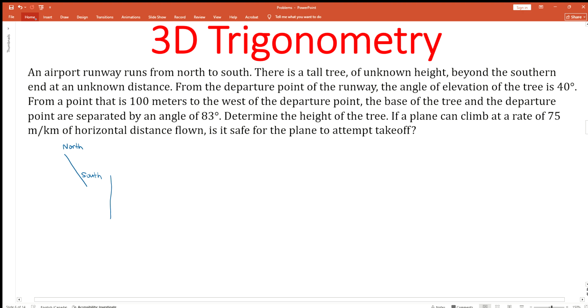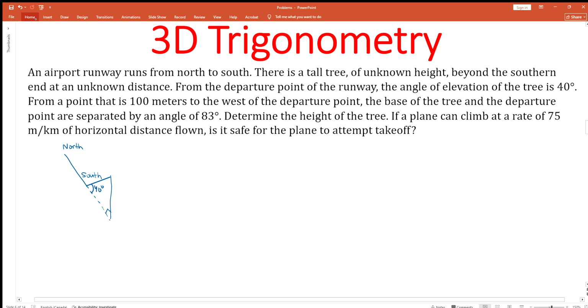As per the problem, from the departure point of the runway, the angle of elevation of the tree is 40 degrees. That means when we look at the top of the tree from the south end of the runway, the angle of elevation is 40 degrees. This is a right angle triangle. It is a vertical triangle.